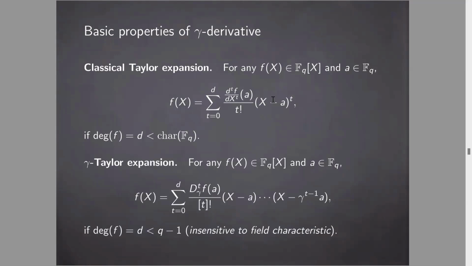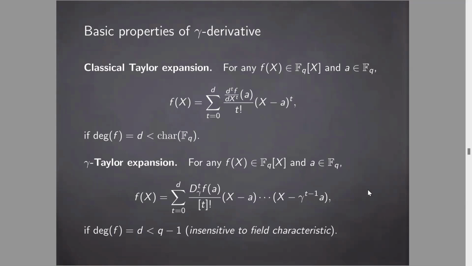In the gamma version, we have a gamma Taylor expansion, which now tells us that every polynomial can be expanded in this way, where once again we have terms which are very similar to the classical Taylor expansion. It is just that the monomials are no longer powers of the same linear factor, but instead it's a product of correlated linear factors, where the correlated linear factors are really multiplicative shifts of the beginning linear factor x minus e.